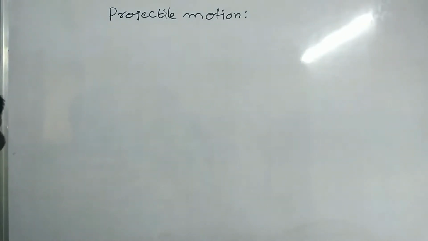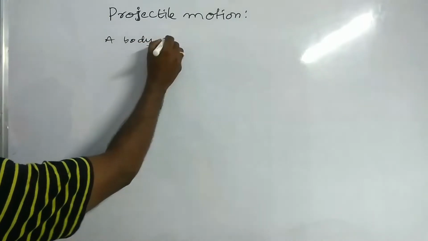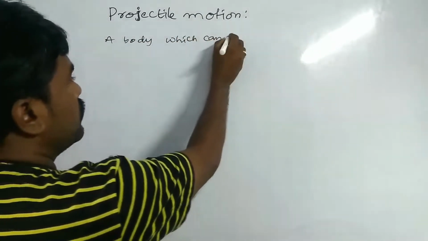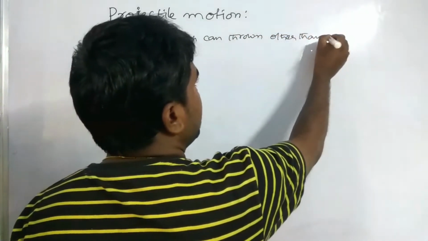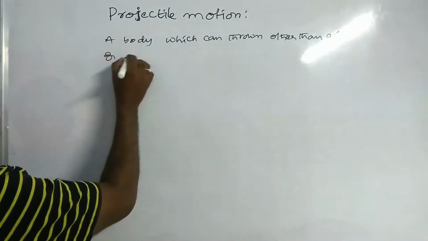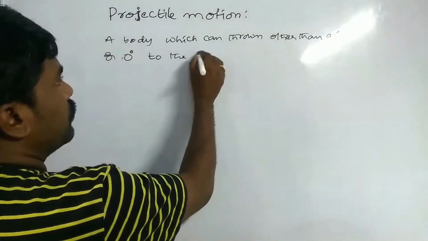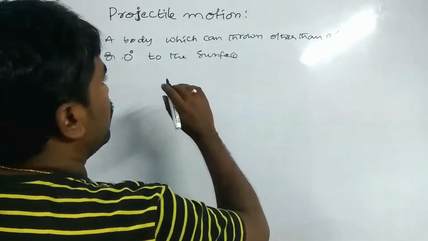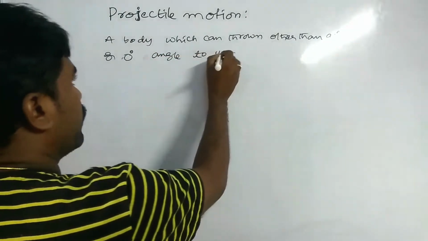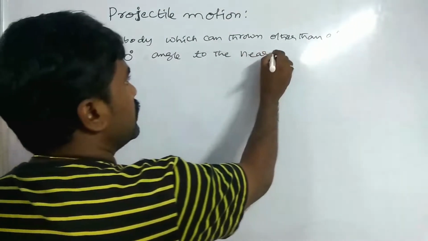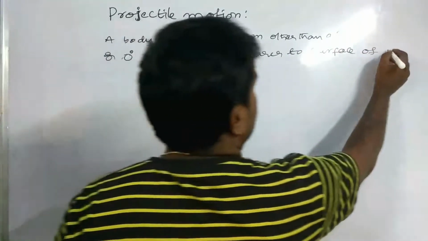So what is a projectile? What is meant by the projectile? A projectile is nothing but a body which can be thrown at an angle other than 90 degrees or 0 degrees to the surface of the earth, near the surface of the earth.